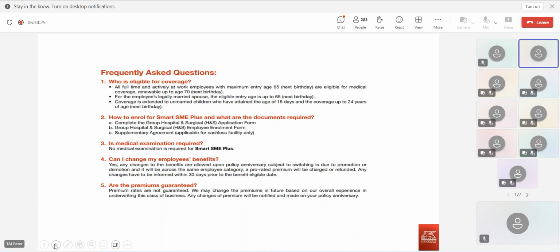Is the premium guaranteed? The premium is never guaranteed. What I'm presenting today is correct as at today, but let's say 2 months later you want to buy, maybe the rate has already changed. There is no guarantee in the premium table. It's subject to the overall experience of underwriting.